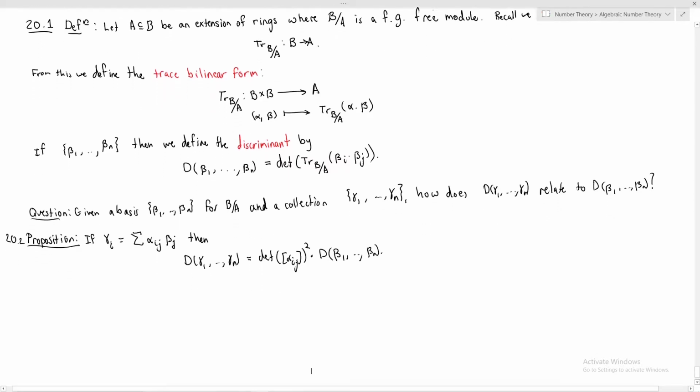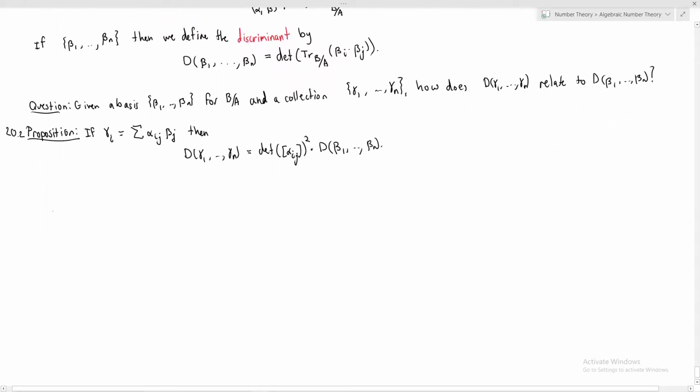So the proof isn't actually so bad, so I can explain it briefly here. Proof. I'm not going to go through it in full detail, but I'll tell you basically how you would do it. Let's say G is the gram matrix. Maybe it's not quite correct to say gram matrix, but what I really mean is G equals the trace from B over A of gamma i gamma j.